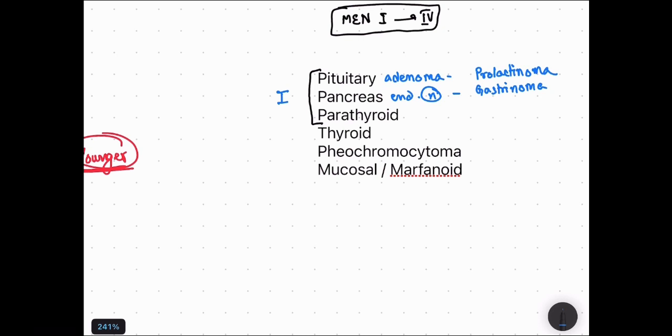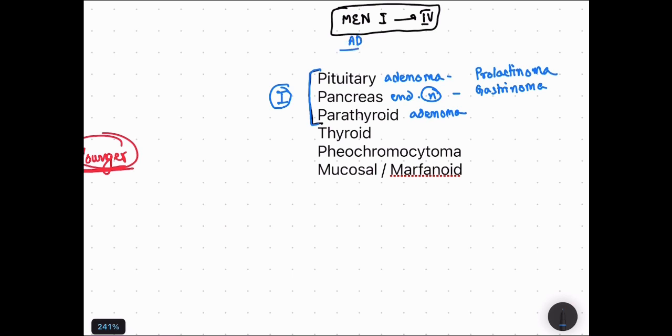Insulinoma is the most common pancreatic endocrine neoplasia overall, but when it is associated with MEN 1 syndrome, it is gastrinoma. Also it has parathyroid adenoma. So when you see these three, this is your MEN 1 syndrome. These are all autosomal dominant, please remember.